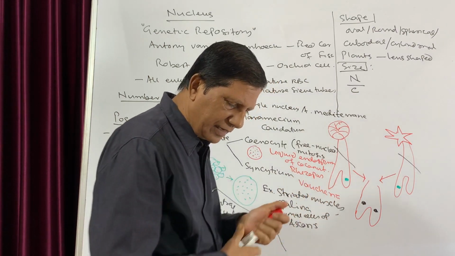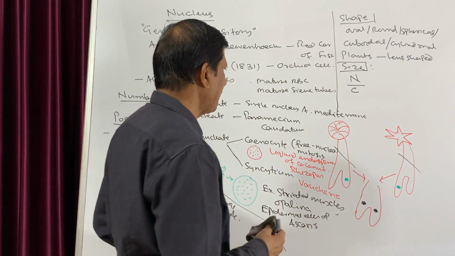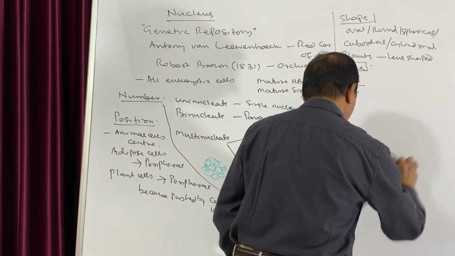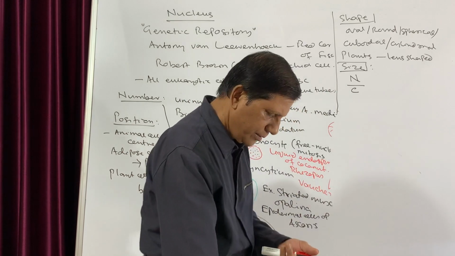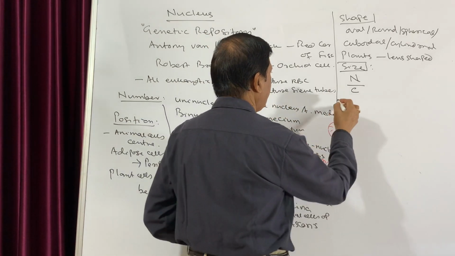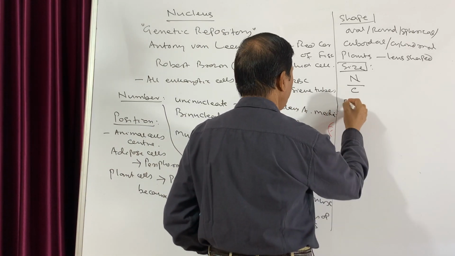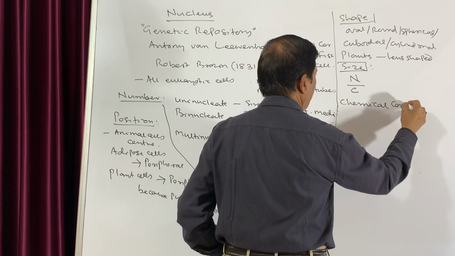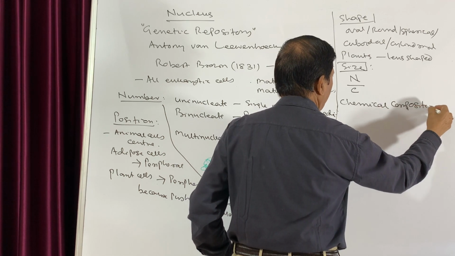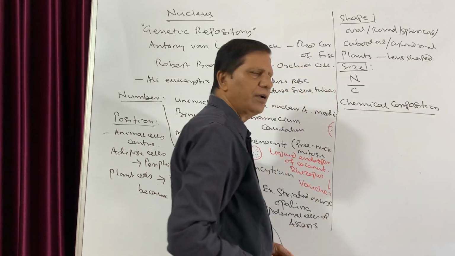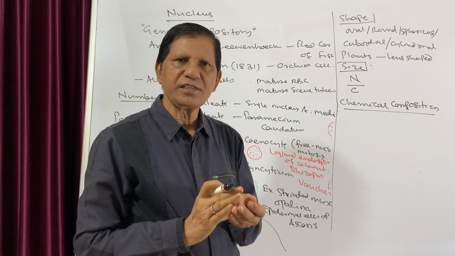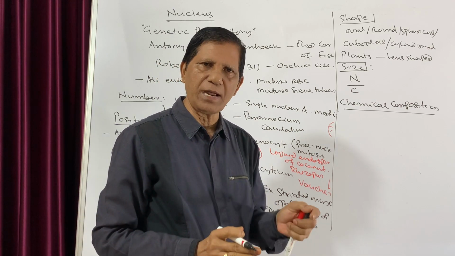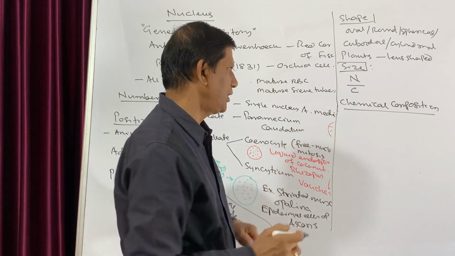Now the next thing that we will discuss is the chemical composition. In chemical composition, 80% of the nucleus consists of only proteins, which are again of two types, histones or non-histones.